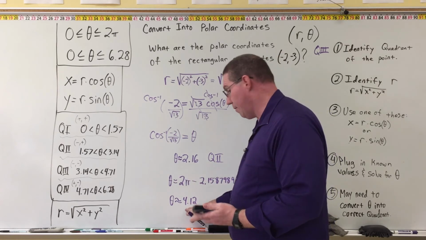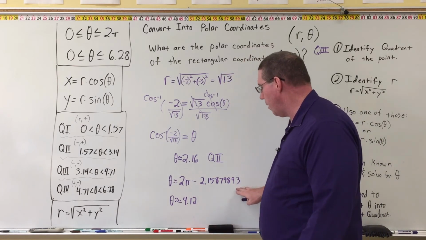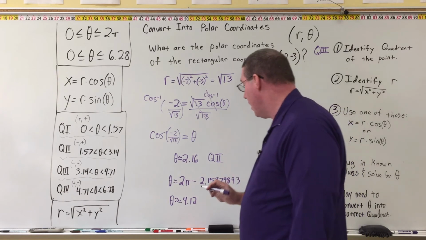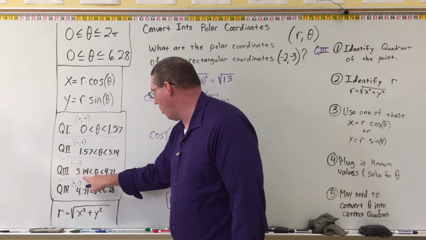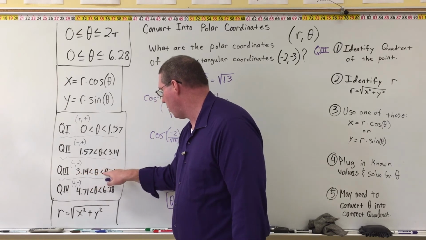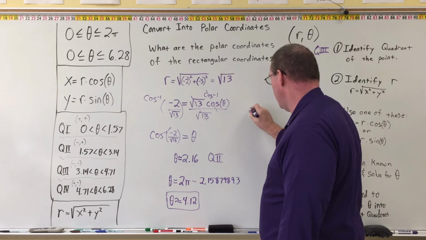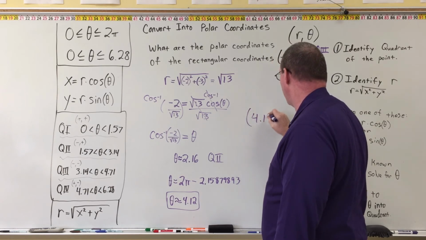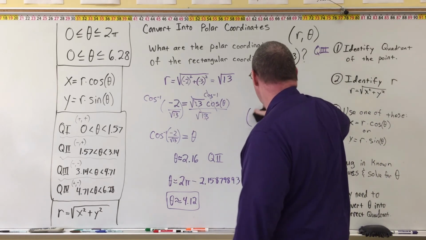And sure enough, it did give me 4.12, but I'm warning you that you have to be very careful. Don't put rounded numbers into a calculation, okay? And so this is our theta angle, 4.12. It is in the third quadrant. It's in between 3.14 and 4.71. And our radius is the square root of 13, so we will then say 4.12, comma, and we could put, nope, that's the theta angle. Whoops, sorry about that.